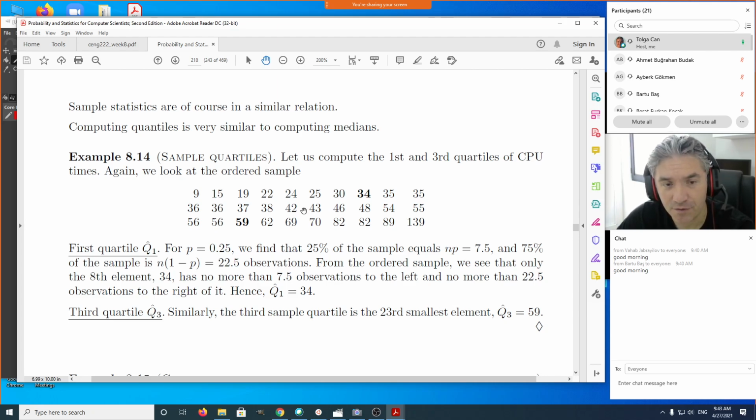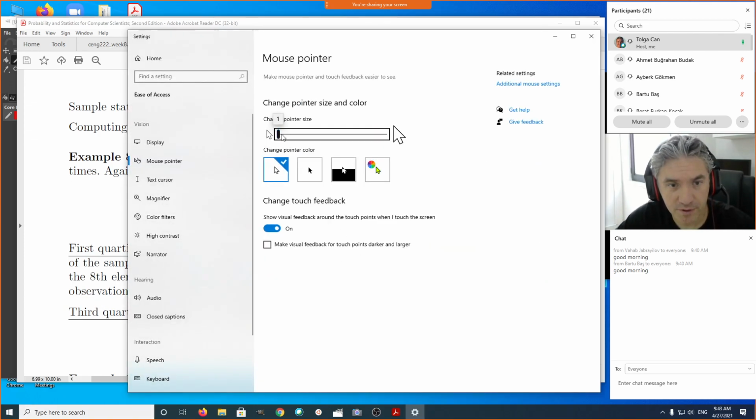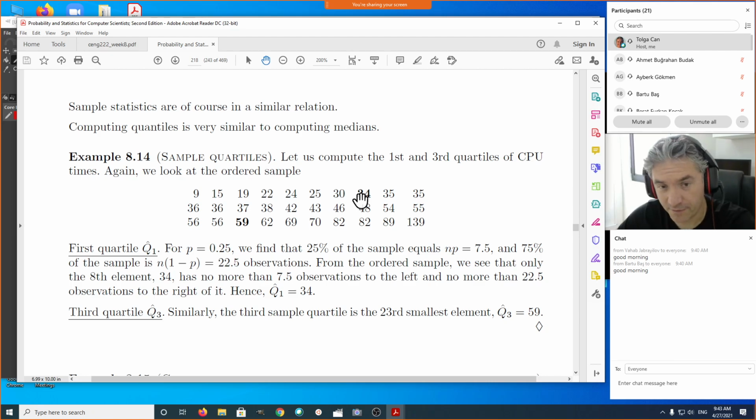You can say 42.5, or you can choose one of them. Both 42 and 43 are our median values, and the bold ones that are marked here. Let me increase my mouse pointer size. The bold ones that are marked here are the first and third quartiles.